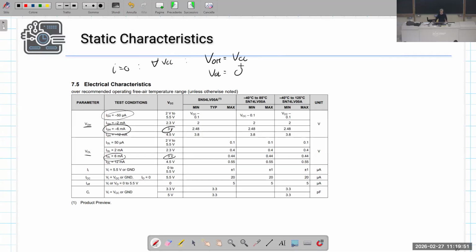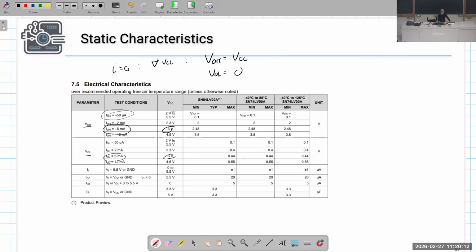This is what I am assuming here. That justifies why I have not taken 1.9 volts at the high level and 0.1 at the low level, but I have taken 2 volts and 0 volts.